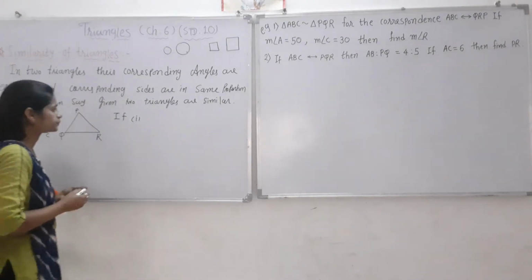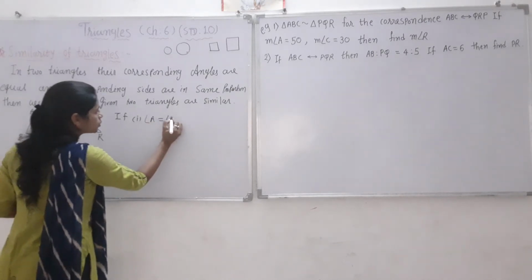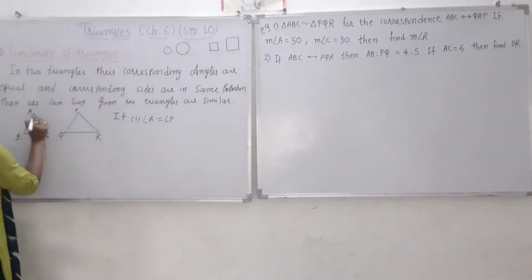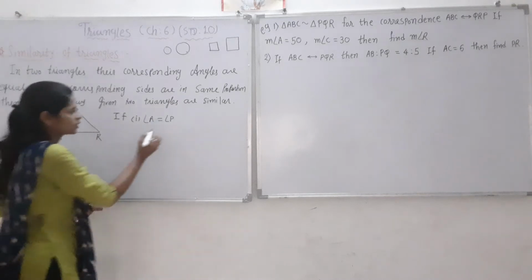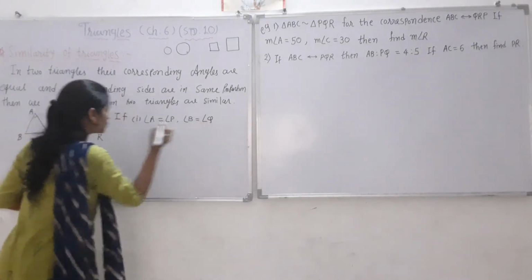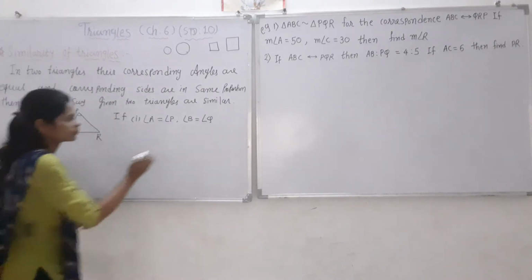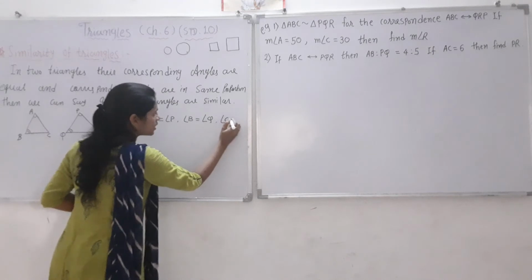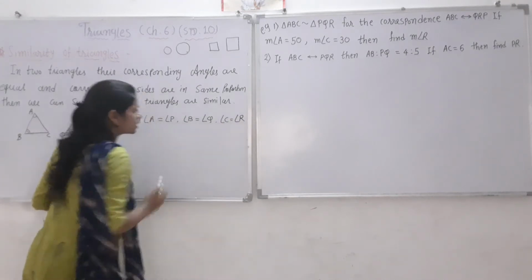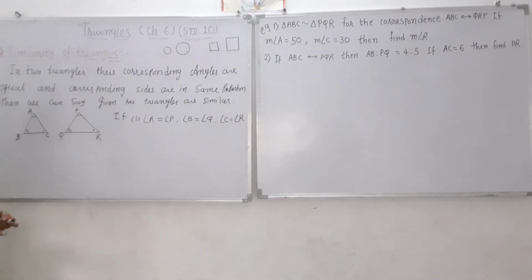That means angle A is equal to angle P, A corresponds to P, angle B is equal to angle Q, B corresponds to Q. Same way, angle C is equal to angle R.